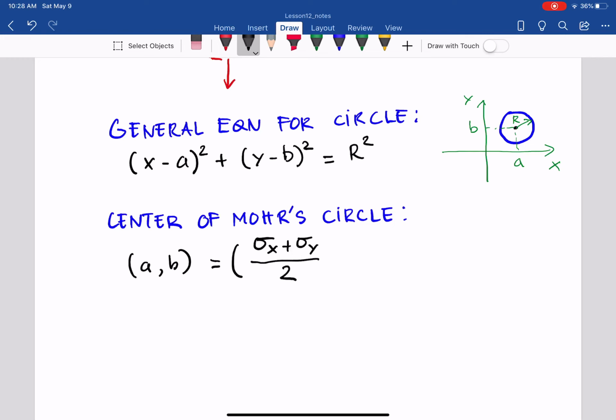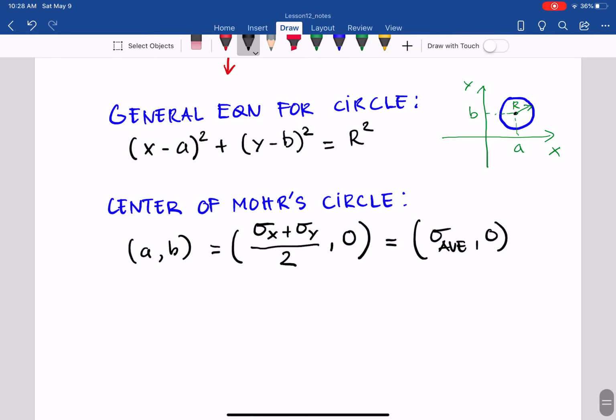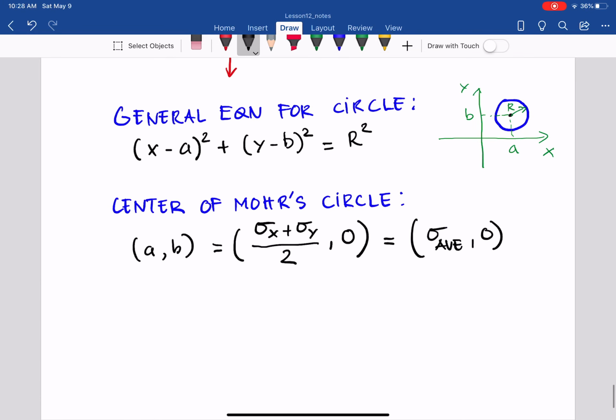If you recall, that is sigma average, and the y coordinate is equal to 0. Or it can also be equal to sigma average, as I mentioned. So the location is sigma average, and the center of the Mohr circle is always located on the x-axis, because the y component, b, equals 0. And then we know the center.